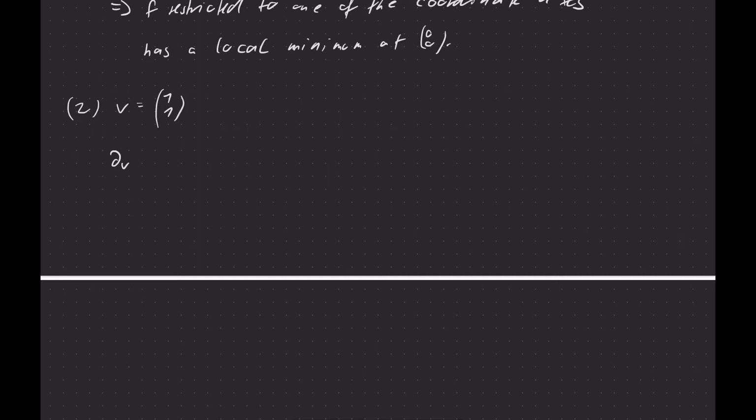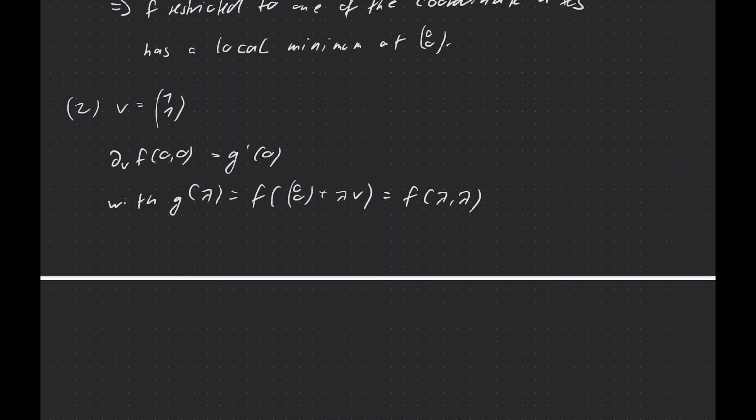And we'd like to compute the directional derivative of f in that direction at the point 0, 0. So that directional derivative is g prime of 0, where g of lambda is defined as f of (0, 0) plus lambda v. So that's f of lambda, lambda.